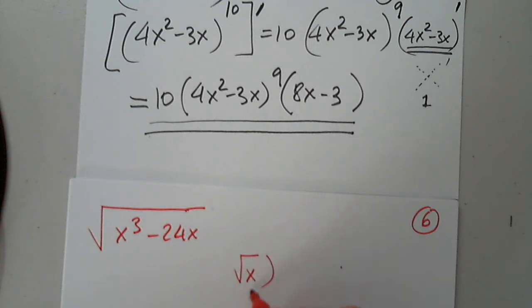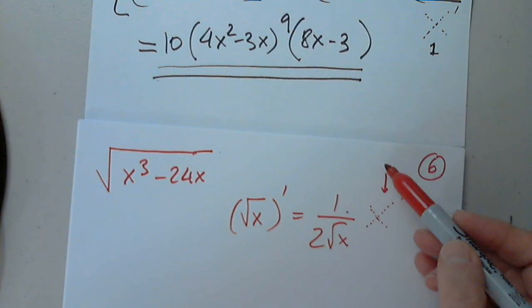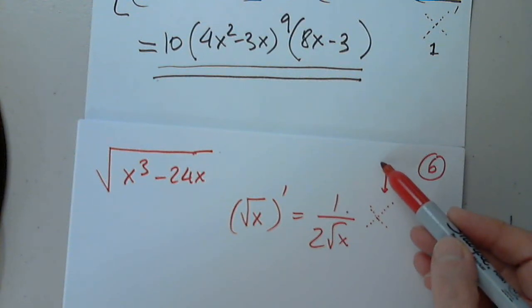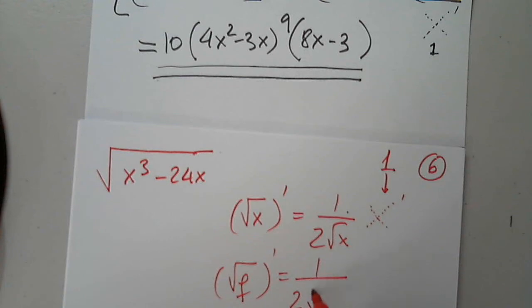When we differentiate the square root of x, we get 1 over 2 the square root of x, and I should write times x prime. I don't, because we know that x prime equals 1. But now I have a function. So the square root of the function prime is 1 over 2 the square root of the function times the function prime.